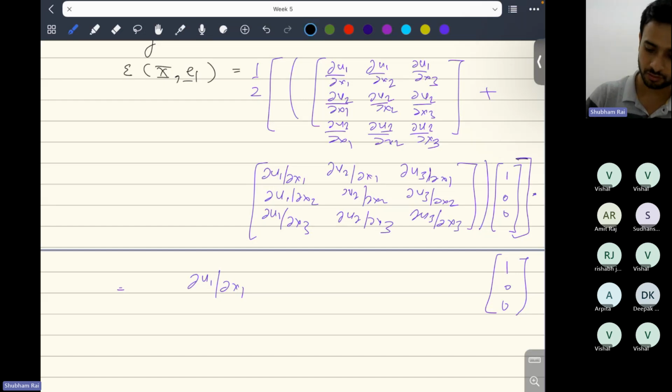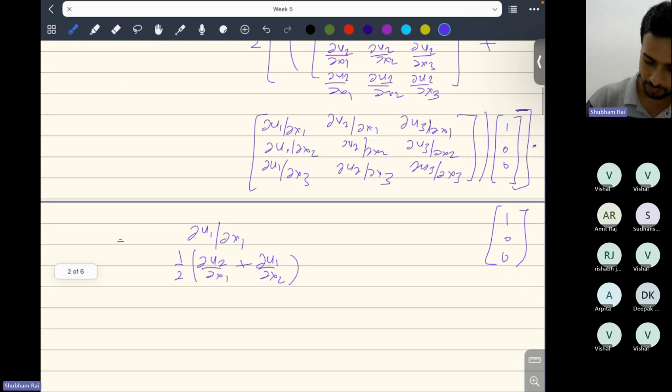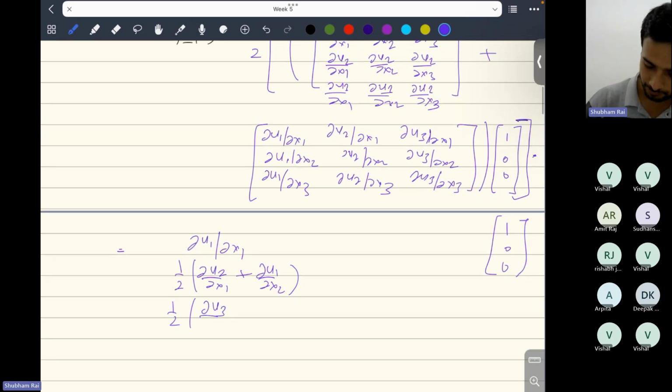So in the first column, the first element is del u1 by del x1. The second element will be half of del u2 by del x1 plus del u1 by del x2, and then you have half of del u3 by del x1 plus del u1 by del x3.